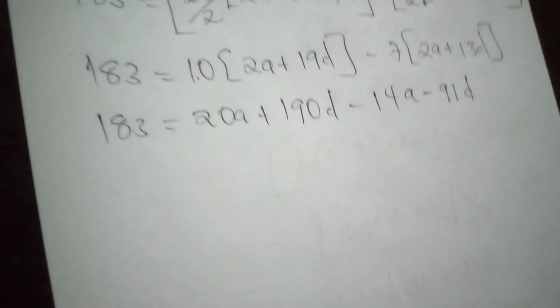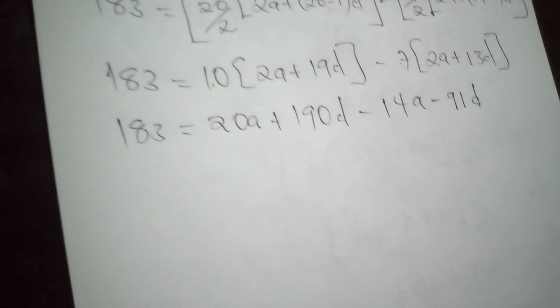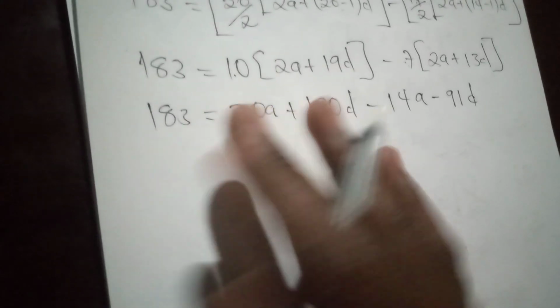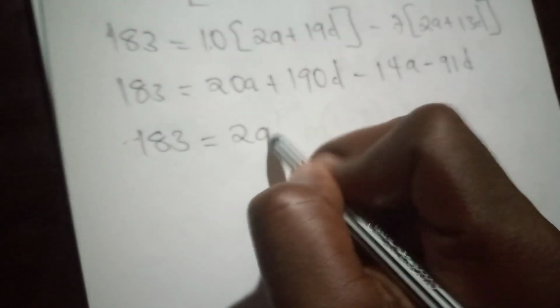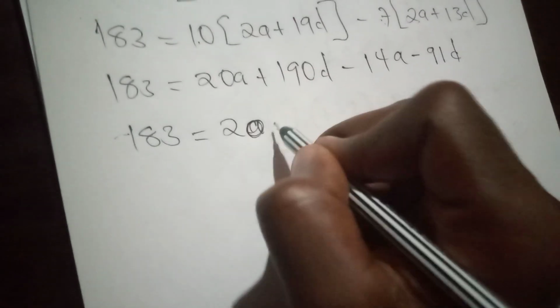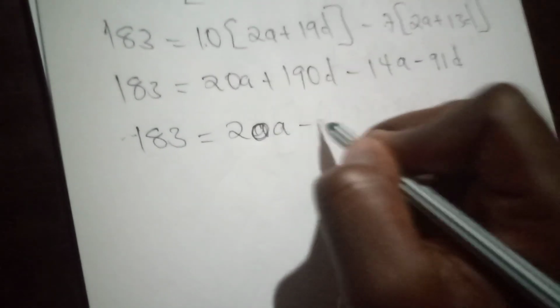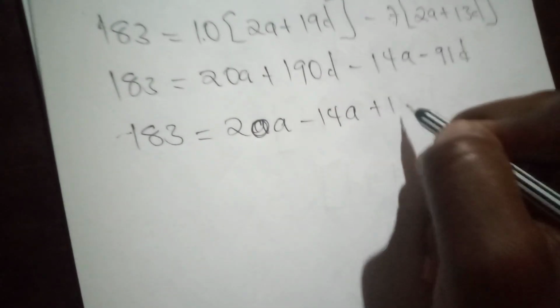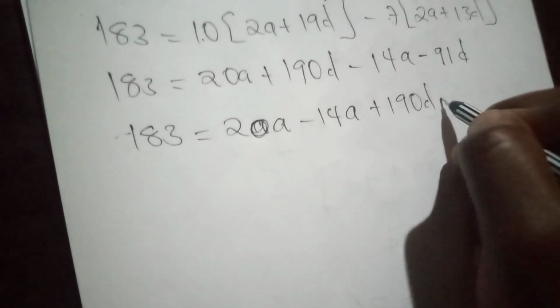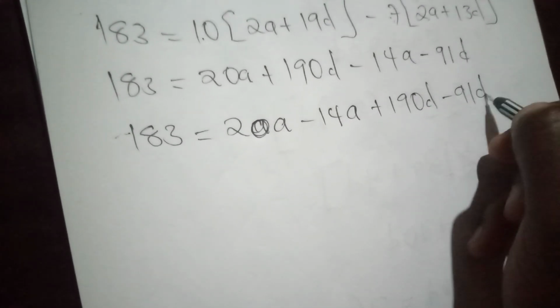Then the collection of like terms: 183 is equal to 20a minus 14a plus 190d minus 91d.